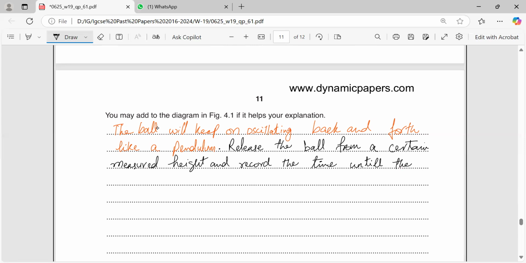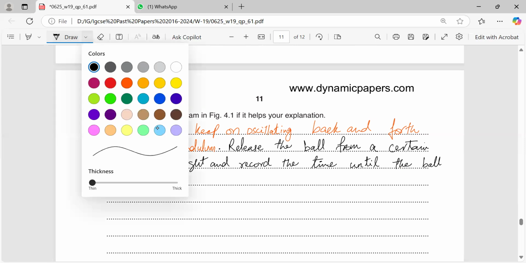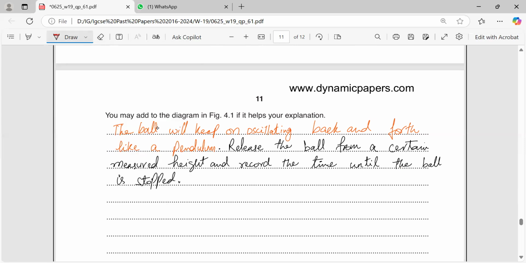Then we are always repeating and repeating with the independent variable.